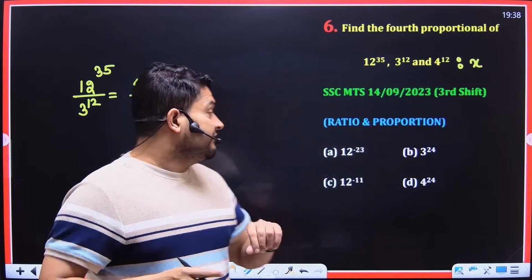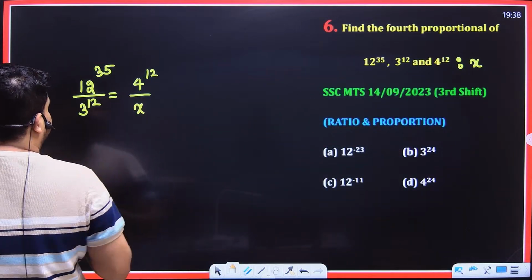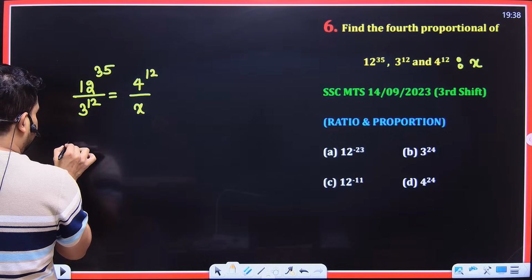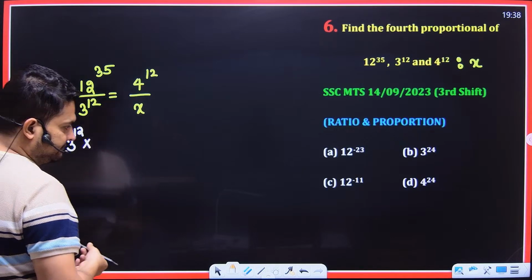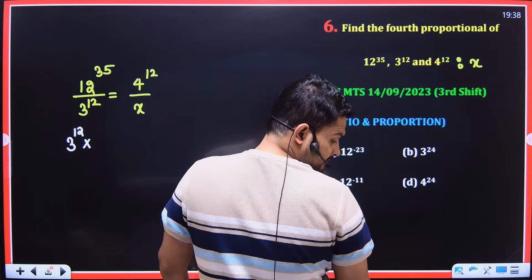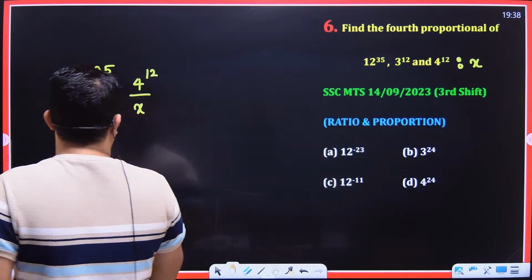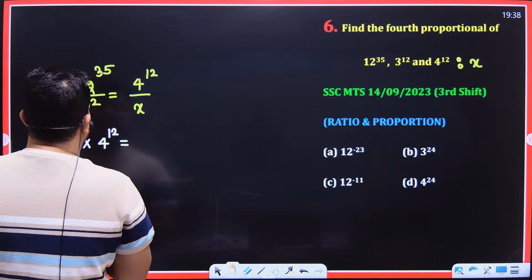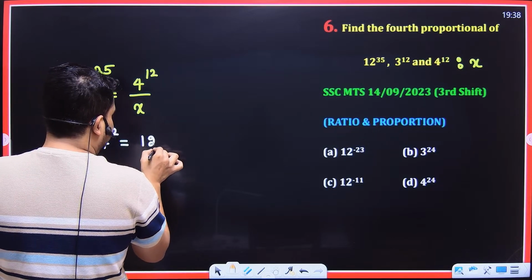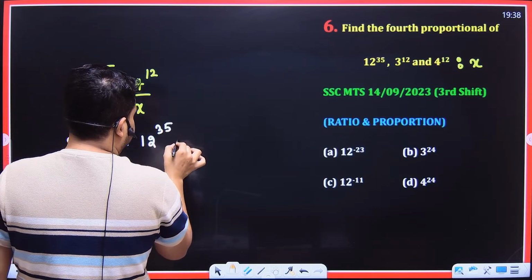See what we have. If I multiply these two numbers, I have 3 to the power 12 into 4 to the power 12 is equal to 12 to the power 35 into x.